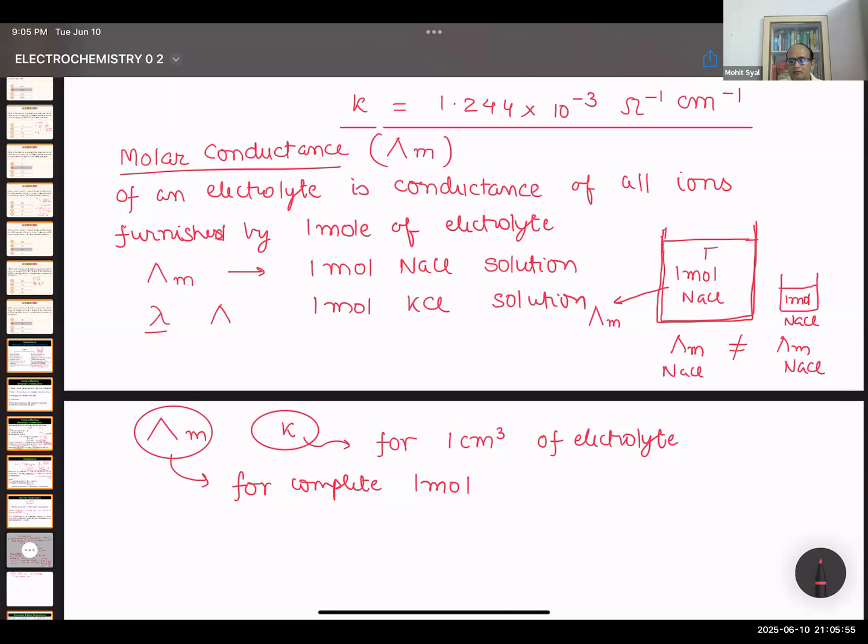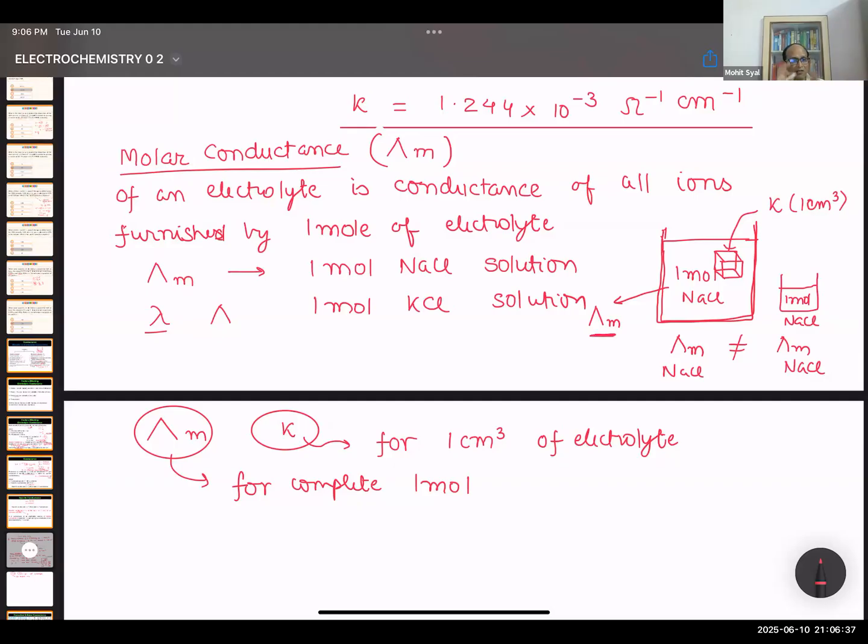And if you take 1 cubic centimeter, kappa is for 1 cubic centimeter.